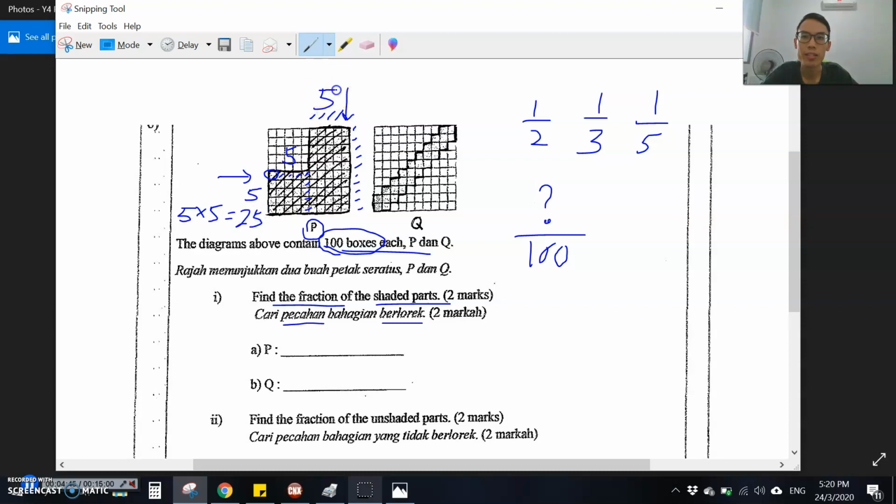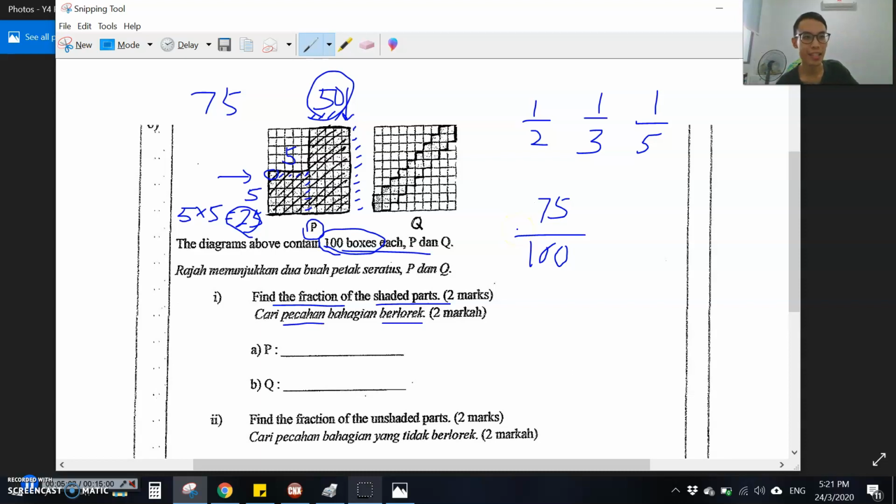Just now we calculated here there are 50 boxes. So 50 plus 25, you get 75. So out of these 100 boxes, 75 boxes are shaded. 75 berlorek.